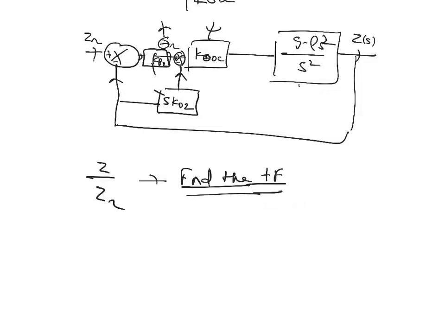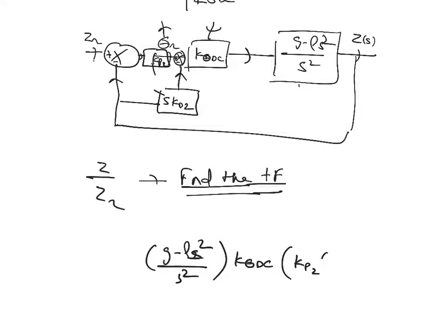So let's see. G minus L S square multiplied by S square into this whole shebang, right? So that is K theta DC multiplied by error, and that is KPZ into Z reference minus Z, and then minus KDZ into Z, right?